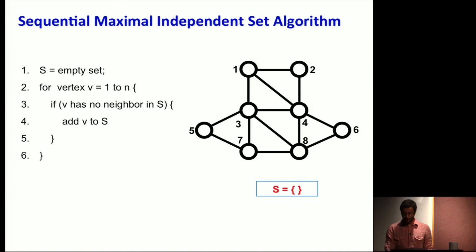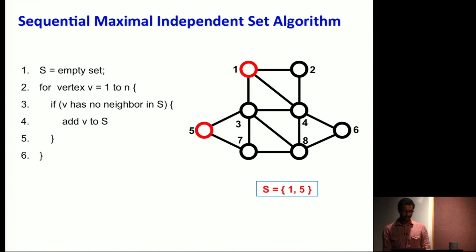The algorithm to do this sequentially is extremely easy. You just start with a vertex, in this case 1. You loop over all the vertices in this for loop, and if those vertices don't have any neighbors in the independent set, you just add them to the independent set.